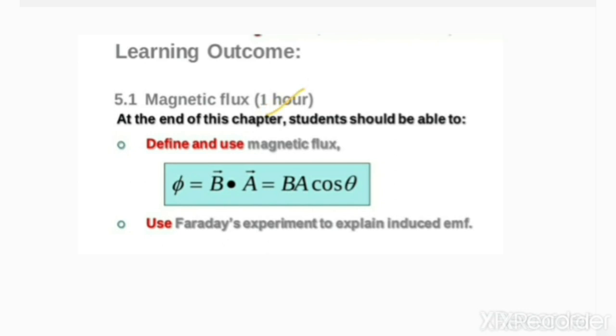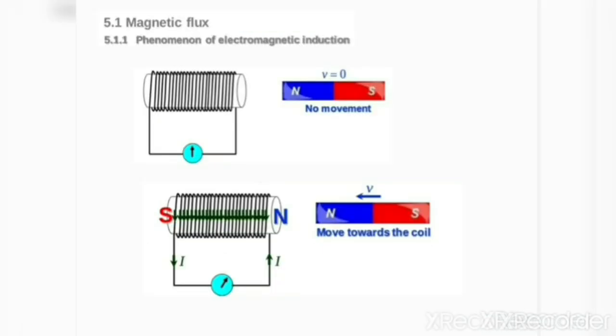At the end of this chapter, students should be able to define and use magnetic flux, where flux equals B dot A or BA cos theta. And students should be able to use Faraday's experiment to explain induced EMF.